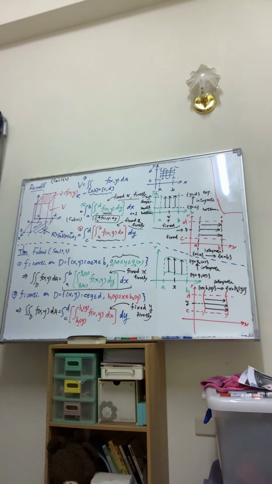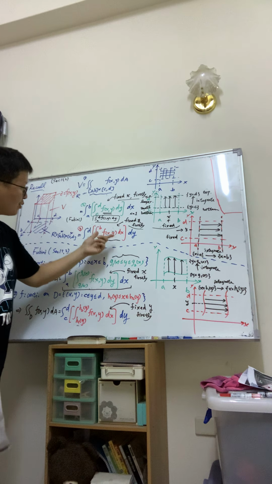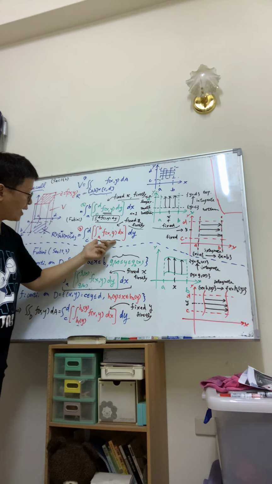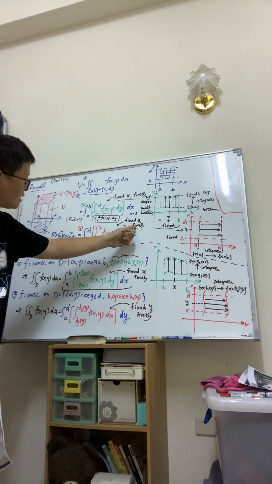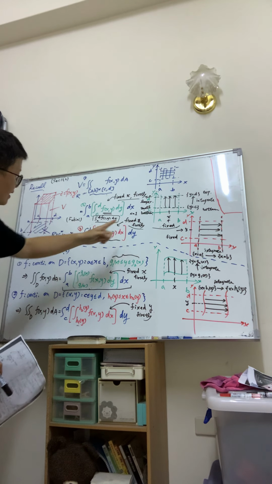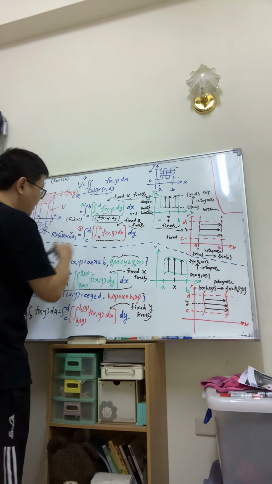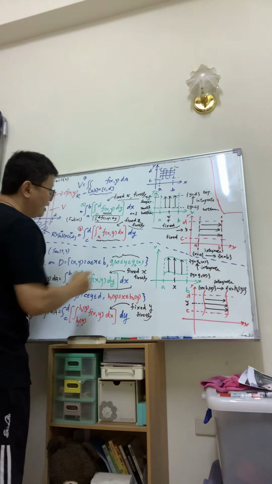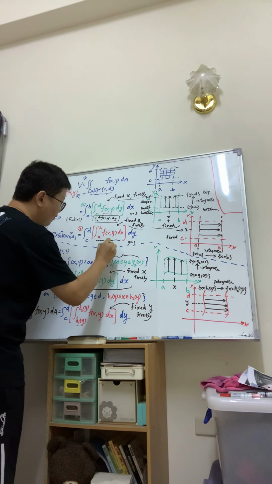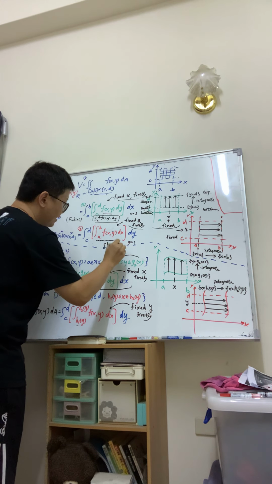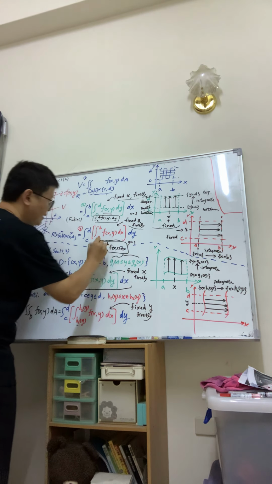And how about this one? For this one, we integrate x firstly, but when we integrate x, we should fix y. So firstly we fix y, and the variable y we fix should be between c and d. For example, y equals 1, and we consider the integral from a to b of f of x, 1 dx.